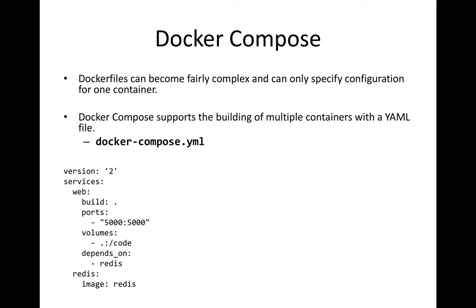Instead of using these Docker run commands to instantiate each container manually, we can describe how those containers are run in a Docker Compose file, which is a YAML file. Because it's a YAML file, we can, of course, check it into our Git repository. We can add it to our software deployment pipelines, and it enables greater automation.